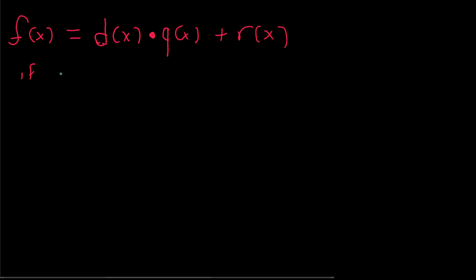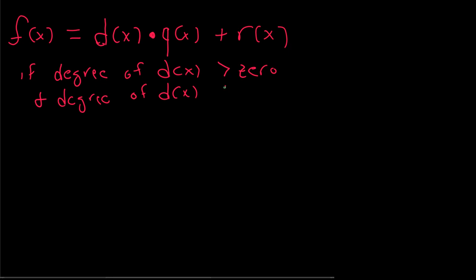Any polynomial function of x, any, can be written as another polynomial times another polynomial plus some remainder, if the degree of d of x is greater than 0, and the degree of d of x is less than the degree of f of x.